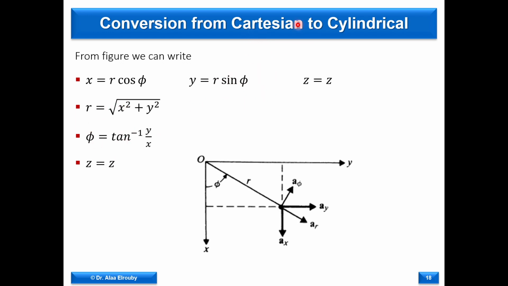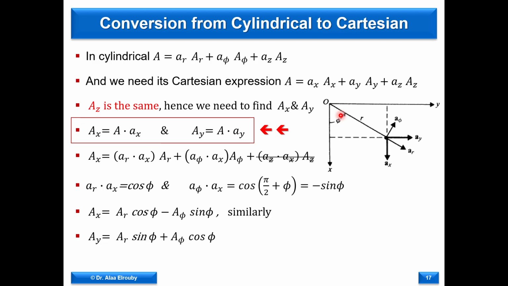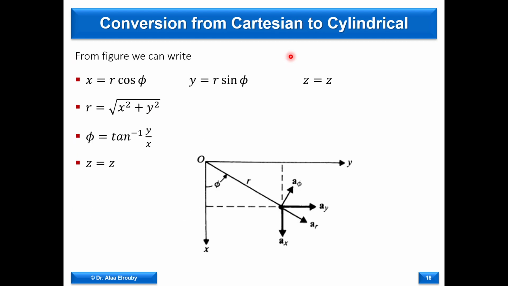Here, just note that we are converting the coordinates, not a vector. In the earlier example, we are converting a vector. In this explanation here, we are converting the coordinates. So we need to calculate R, phi, and Z from X, Y, and Z. So this is converting the position, or converting the coordinates.